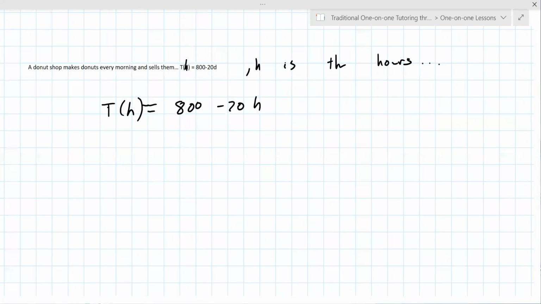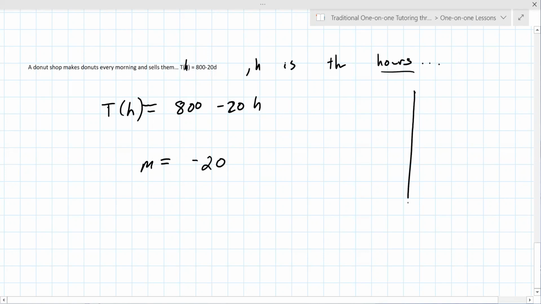So let's first find the slope. What is the slope of this thing? The slope is the number in front of the variable. What is the slope? Negative 20. Yeah. So let's interpret that. You start out with 800 donuts, and then every hour, what happens? If you're not sure, let's make a little table. H, T of H. When it opens, it has 800 donuts.